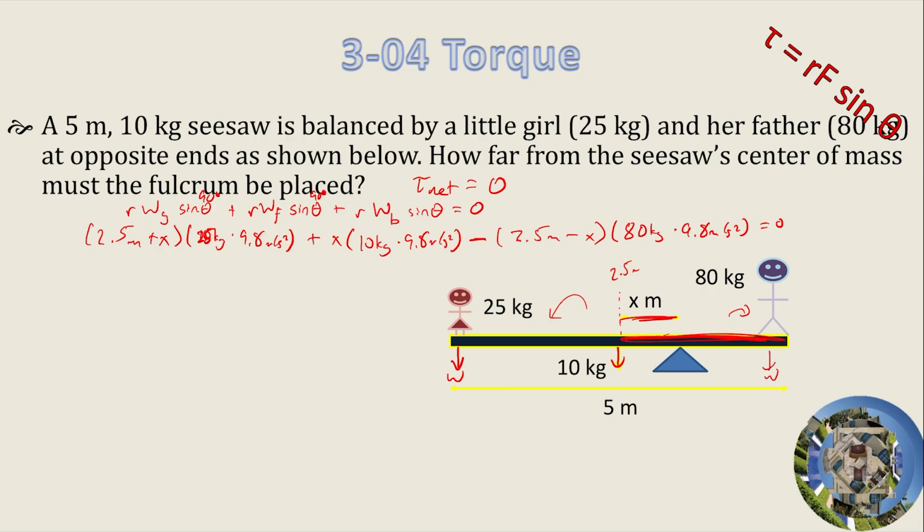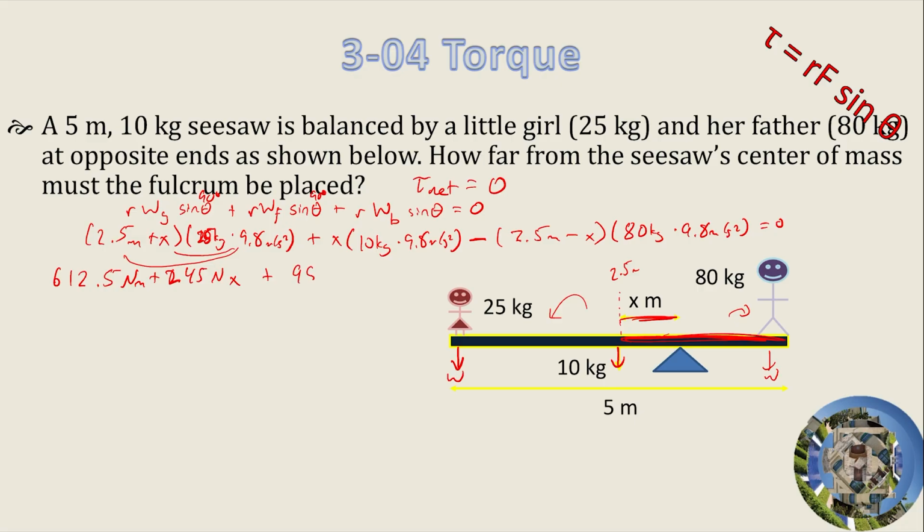All right, so if I distribute, 25 times 9.8 is 245. So I have 612.5 newton meters plus 245 newtons times x. 10 times 9.8 is 98.